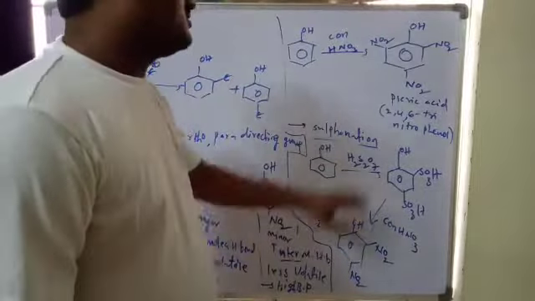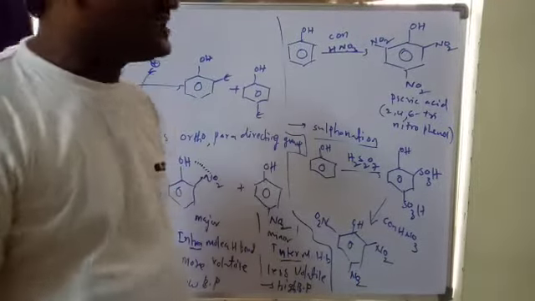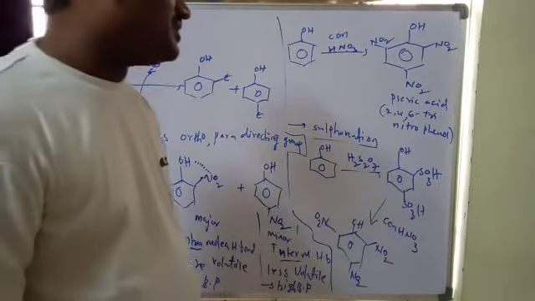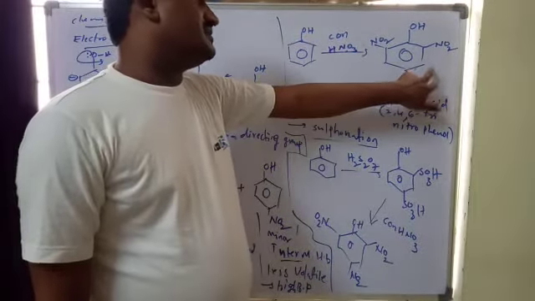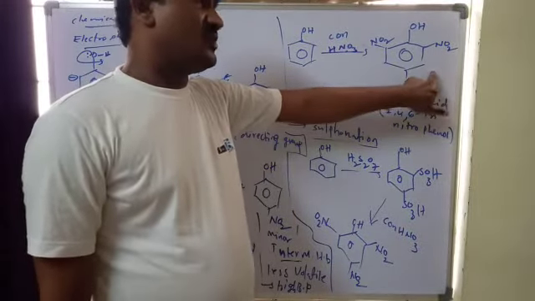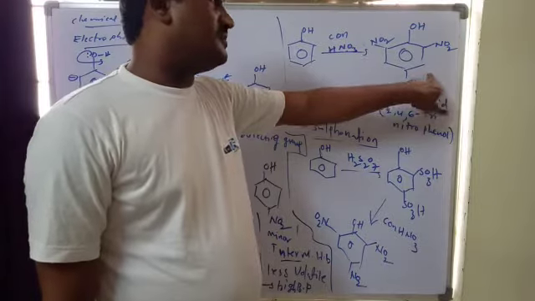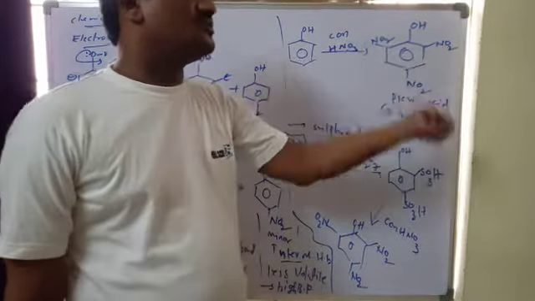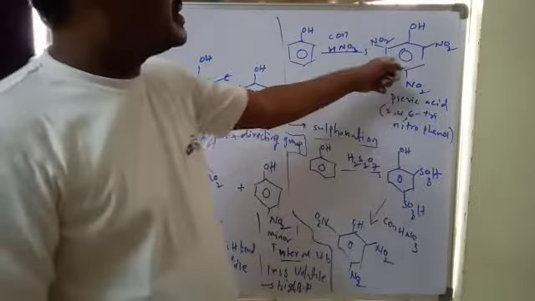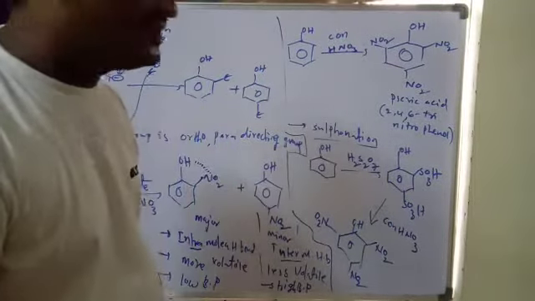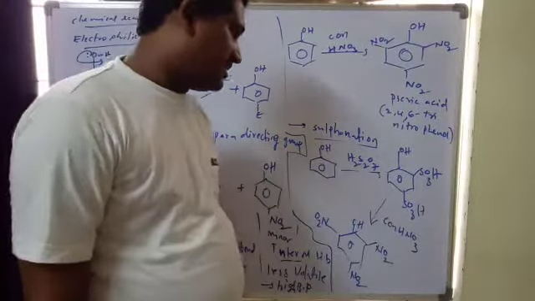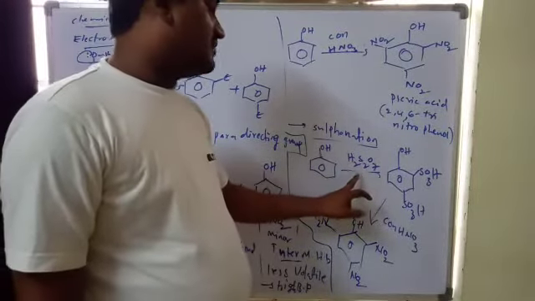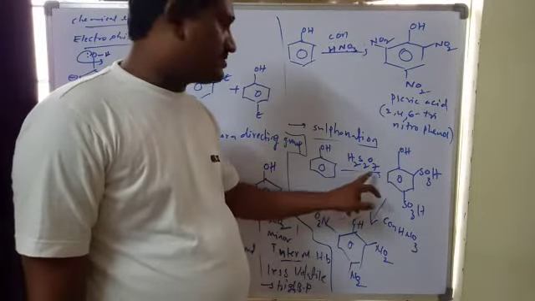Okay, and next is sulfonation. Also, this trinitrophenol is much more acidic than all the phenols, because the three nitro groups are very strong electron withdrawing groups. So acidic strength is higher. Now sulfonation. Sulfonation is done by sulfuric acid or oleum, H2S2O7.